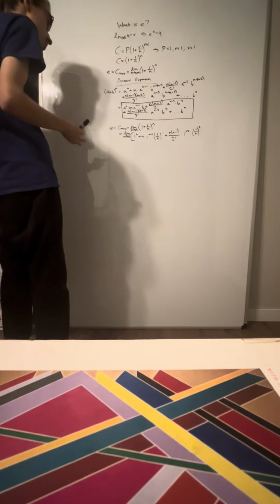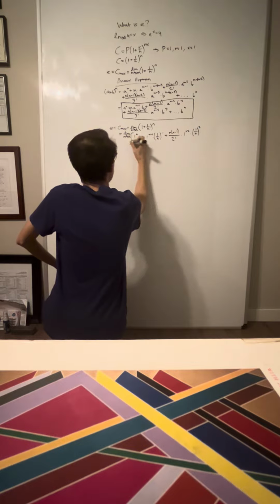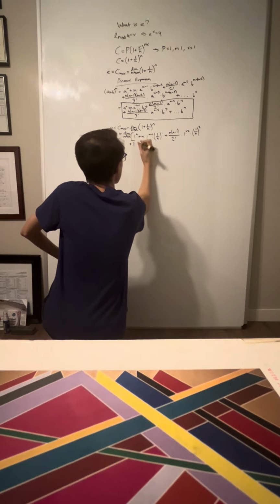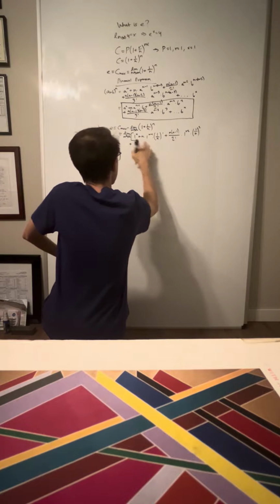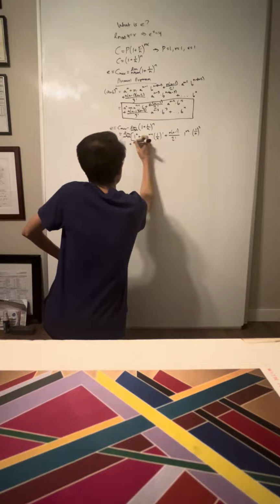And okay, so continuing on, we're going to have plus 1 to the n minus 3, but first we're going to have to write the coefficient.